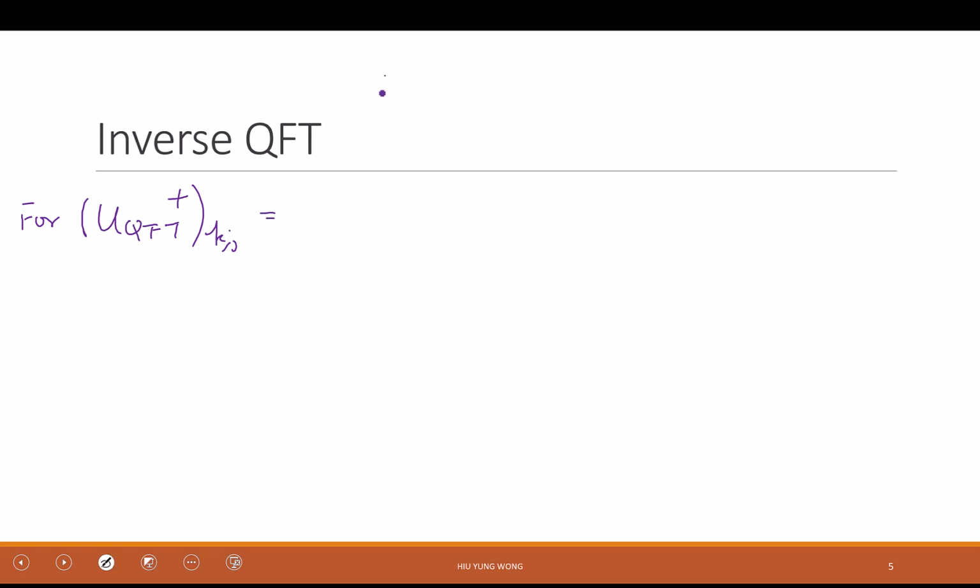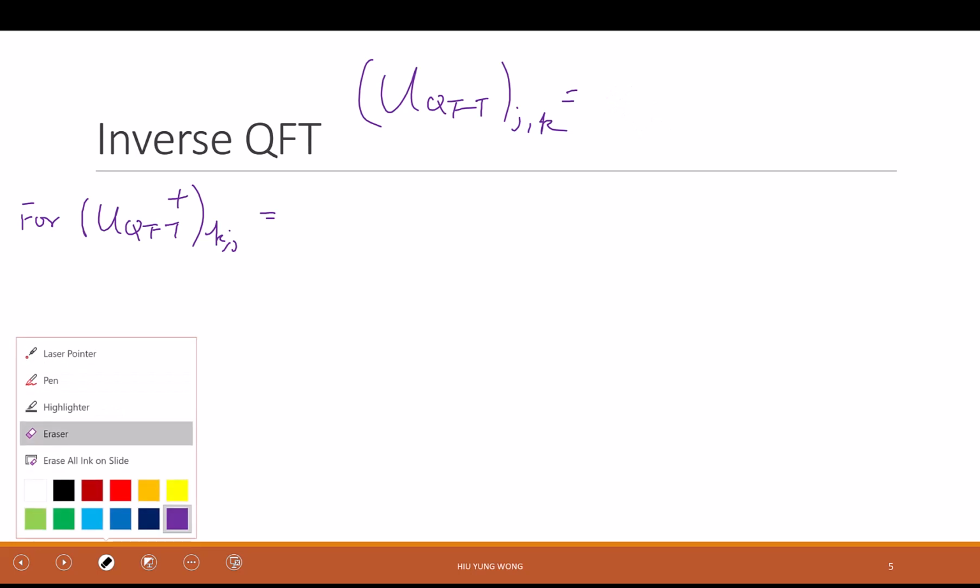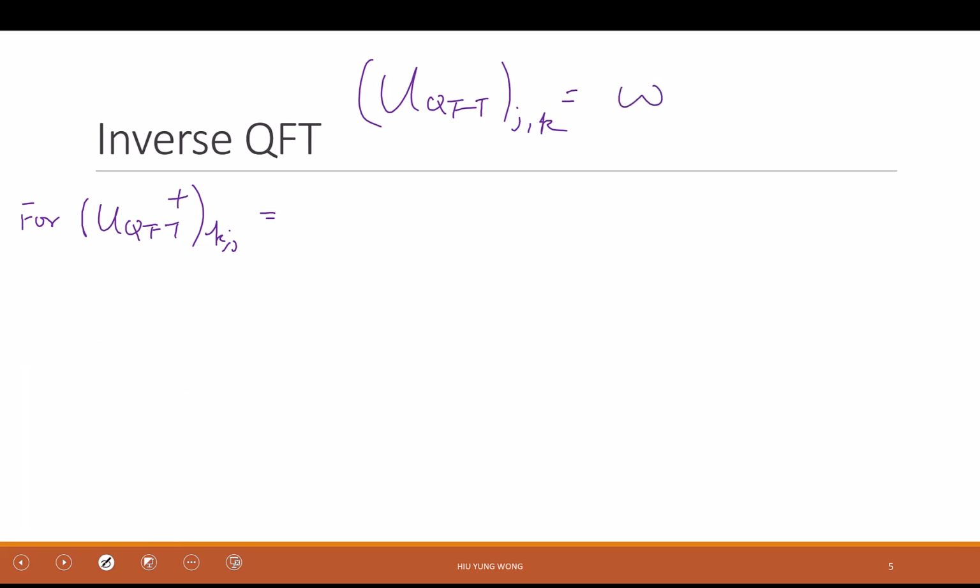I remind you, what is the QFT for JK? It is equal to e to the, let me use omega. The element, just the element. When I say JK, it means the jth row, kth column: omega to the J times K. Does it make sense, everyone?